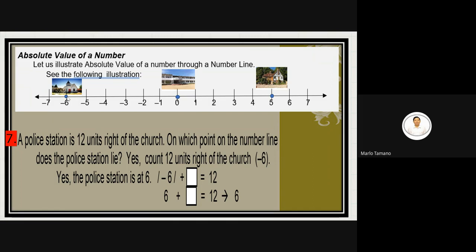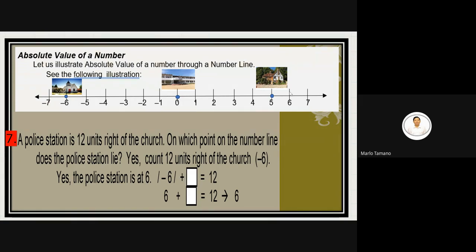Is that right? From the church at -6, you will count 12 units to the right. So where do we find the police station? 1, 2, 3, 4, 5, 6, 7, 8, 9, 10, 11, 12. We find it at +6, correct?